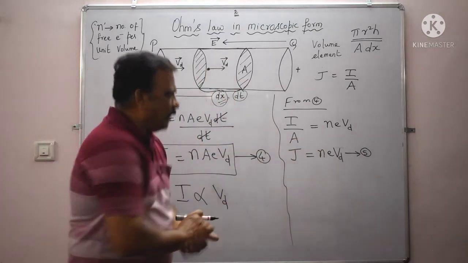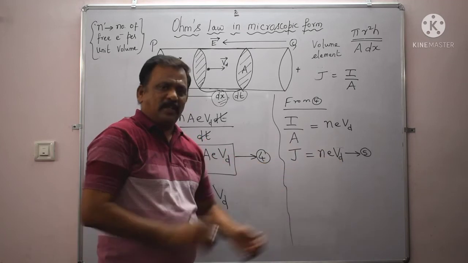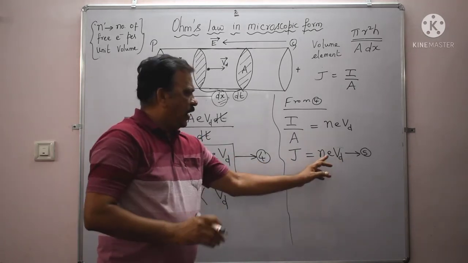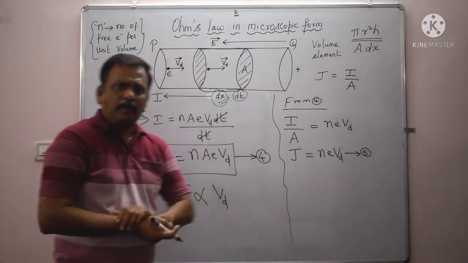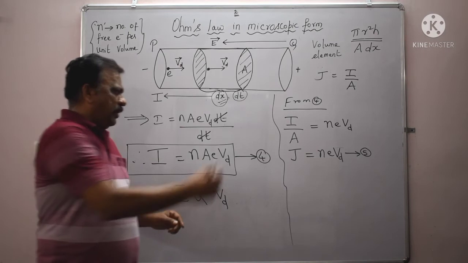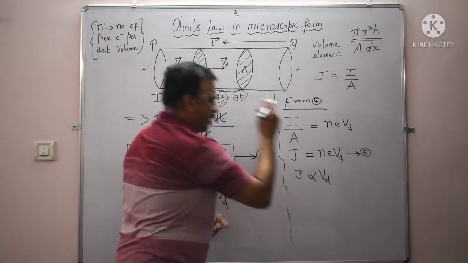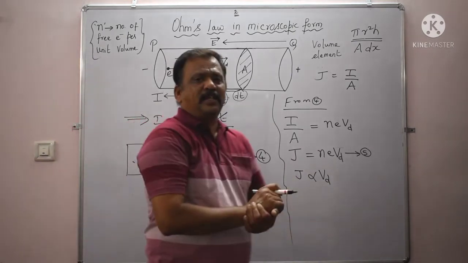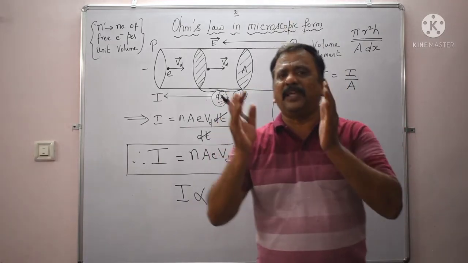Expression 5 gives me the relationship between current density and drift velocity. Again, n and e are constants. Whenever I remove a constant from an equation, the equal sign changes to a proportional sign. So I end up with J is proportional to v sub d. Thus both current and current density are directly proportional to the drift velocity of the electron.